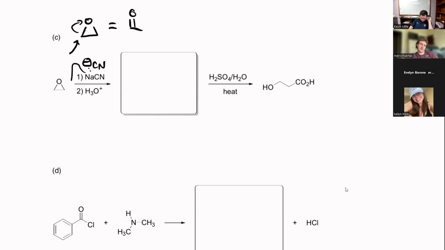CN jumps in and bonds to one of the carbons. Would the oxygen not grab the hydrogen first? It's listed as the second thing, so it takes it after the addition. Does that make sense? You guys haven't seen this before, but I think it's pretty straightforward.